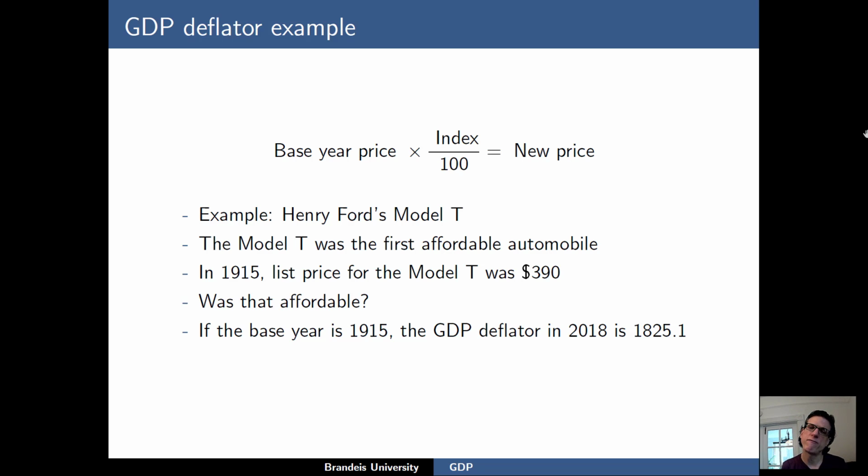So if we take 1915 as the base year, then the GDP deflator in 2018 is 1,825.1. If we plug that into this formula that we have at the top, that's going to equal a little over $7,000. So as we can see, the Model T was very affordable. It's more affordable than any new car today. So that's one of the reasons why it was so successful. It was because it was cheap enough for a lot of people to buy it.